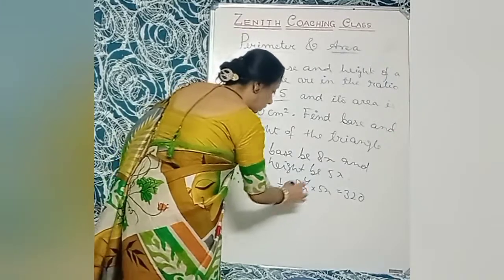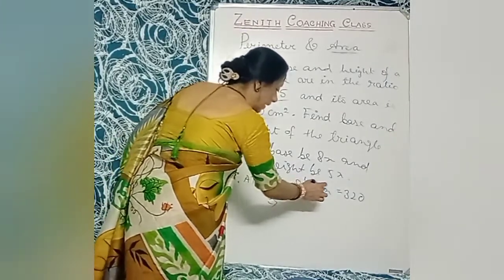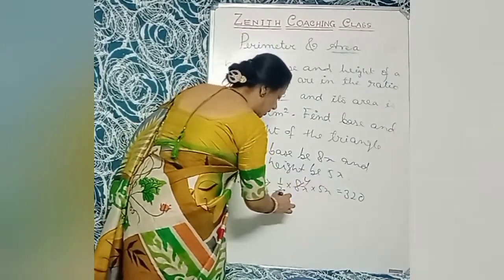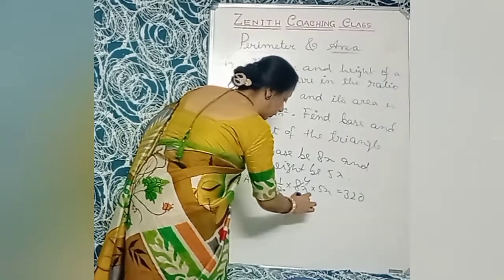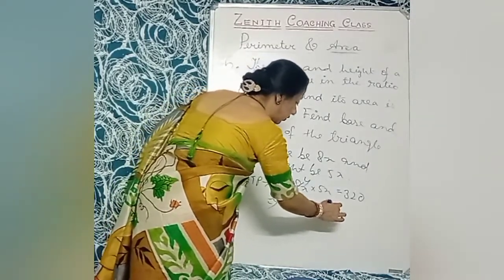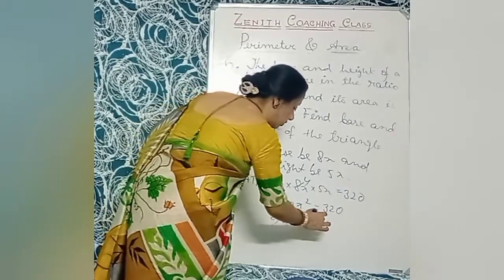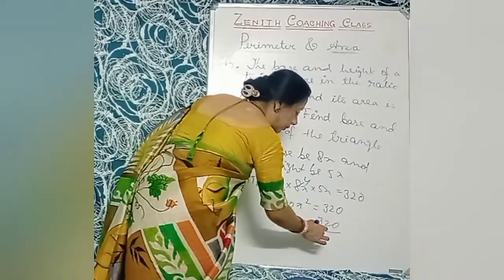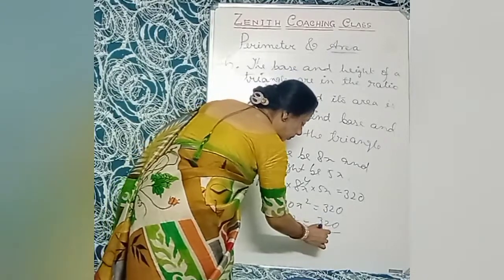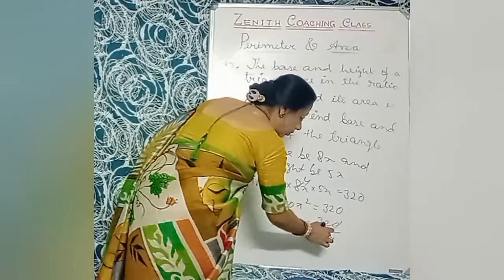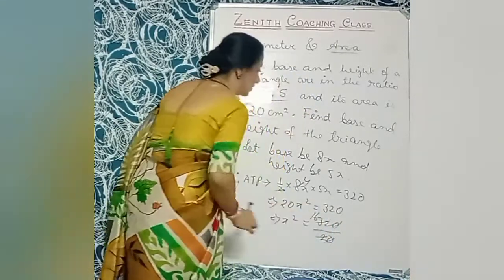So 4x multiplied by 5x, 4 fives are 20. 20x square equals 320. So x square equals 320 divided by 20. So cut 0, x square equals 16.